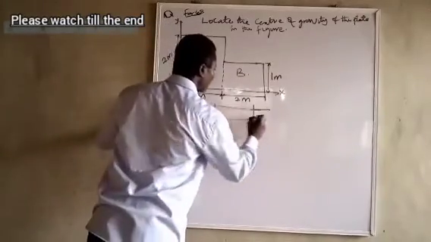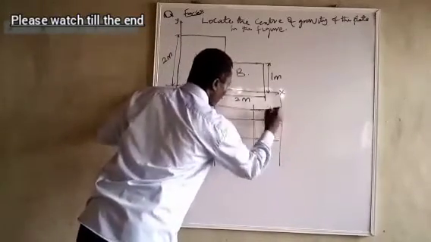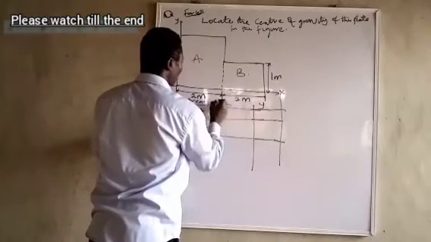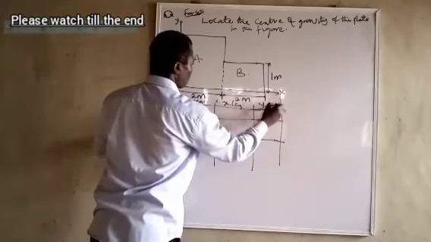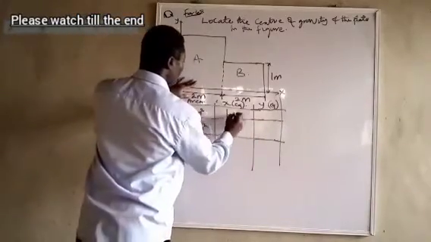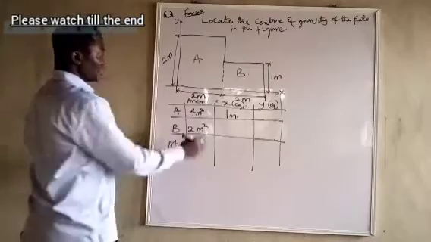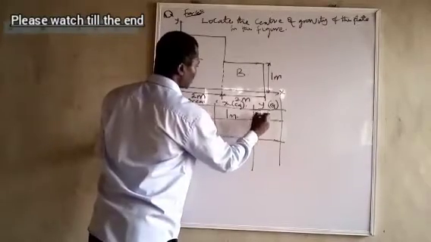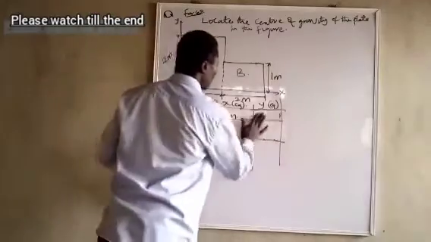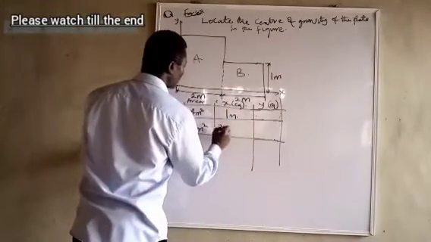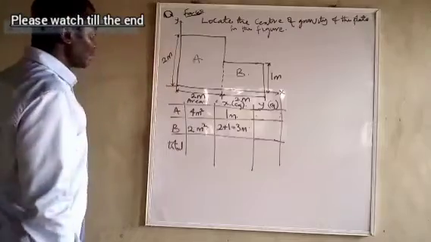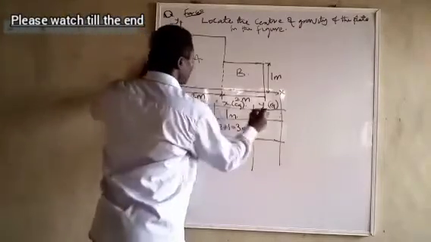Let's now look at the center of gravity of each part along x and y direction. Let's look at this x, y, CG, center of gravity. Along the x direction for A, I have it to be 1 meter from the y axis. For B, it's going to be 2 meters plus 1, that is 3 meters. For the y components of the CG, for A, it is 1 meter.